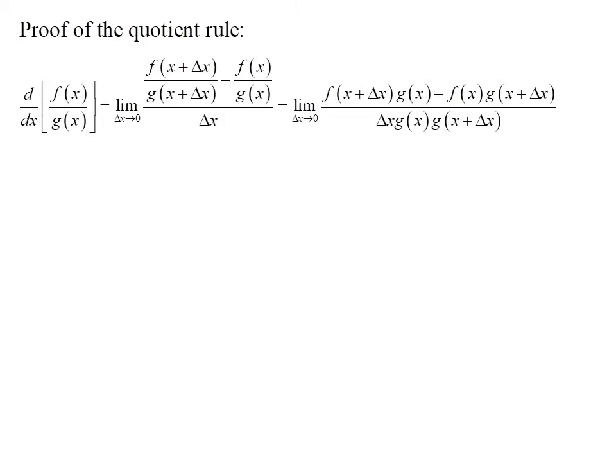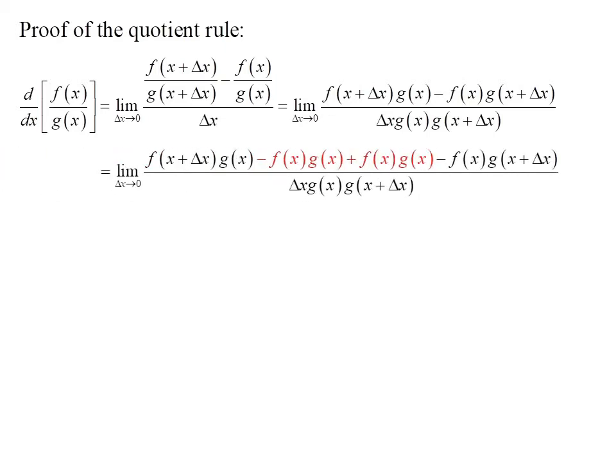As we can see, the derivative of f over g equals the limit of [f(x + Δx) over g(x + Δx) minus f over g], divided by Δx, as Δx approaches 0. After simplifying the expression, we subtract and add the same quantity f(x)g(x), as shown in red color here.